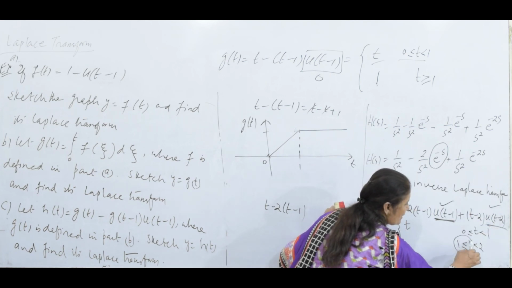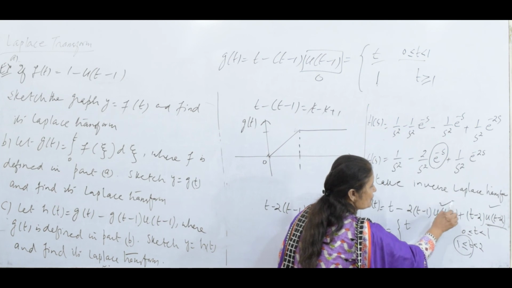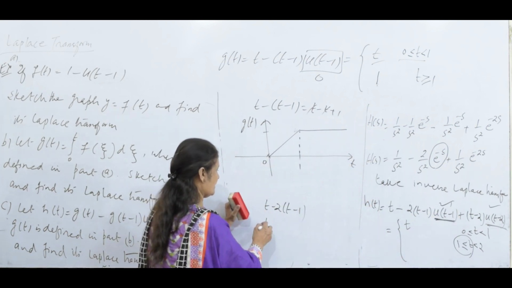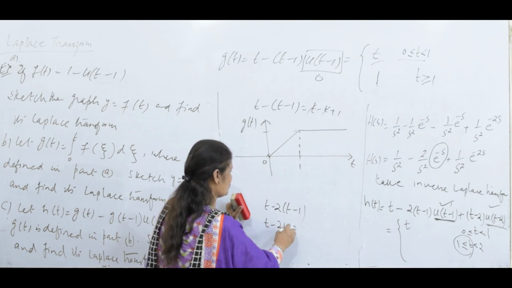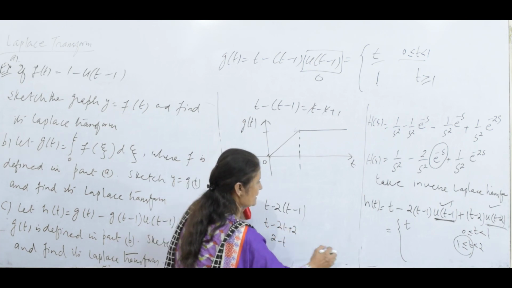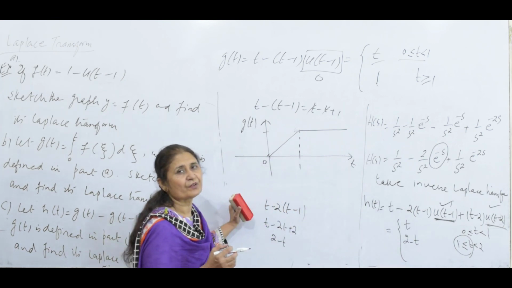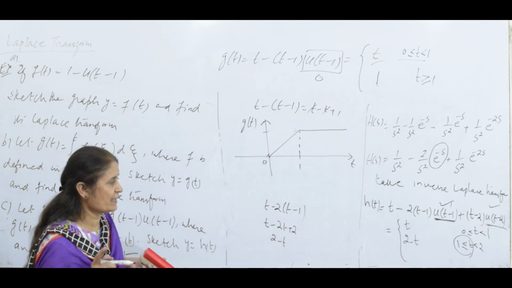If t is greater than or equal to 1, the unit step is 1. So t minus 2(t minus 1) is t minus 2t plus 2, which is 2 minus t. So this part is 2 minus t if t is greater than or equal to 1 and less than 2.